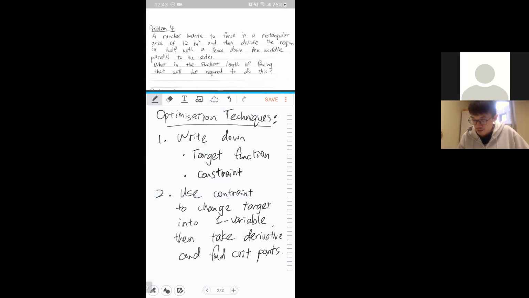And then make sure to verify it's a local max or min. So check local max and min. Any questions?